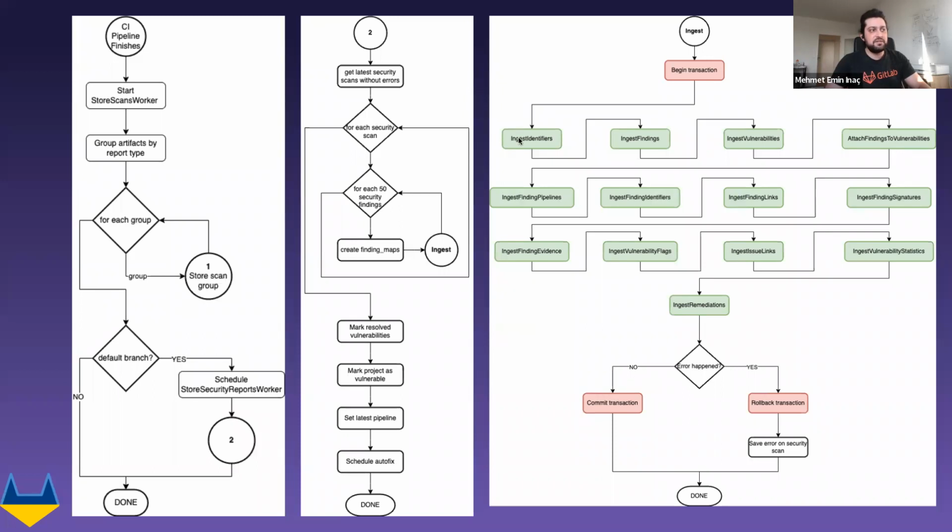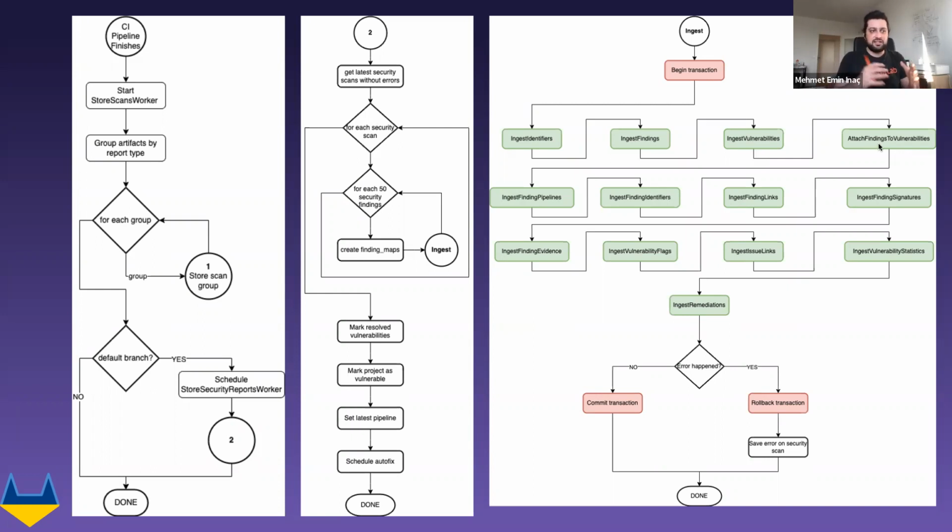So the first thing is we ingest the identifiers, because the identifiers are shared between different findings. And then we ingest the findings, because to be able to ingest the vulnerabilities, we need to first ingest the finding. If this fails, there's no point creating the vulnerability.